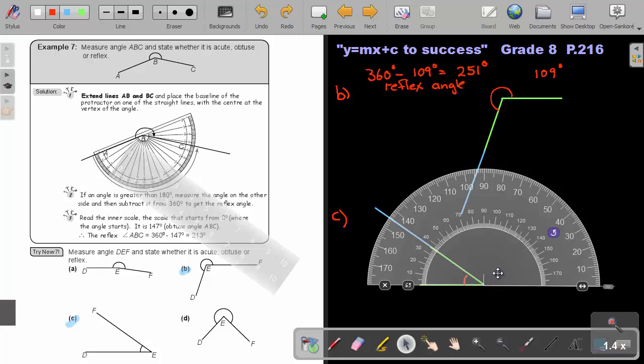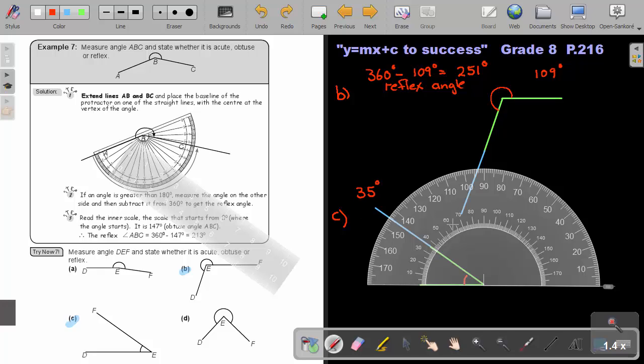And if I'm going to read this, remember, I'm measuring this angle. So look at the scale that starts there with 0. That one starts with 180, it's out. That one starts with 0. So I'm looking on this one. And if I look, it's exactly between 30 and 40. So this angle will be, let's just write it here, 35 degrees.